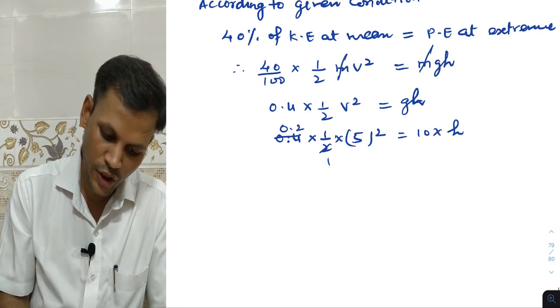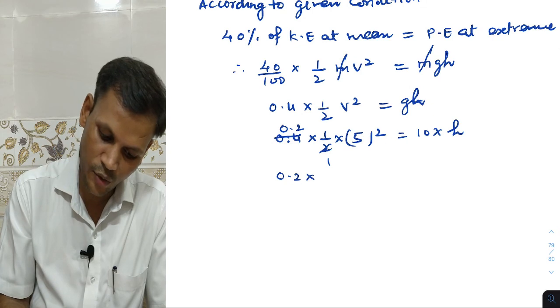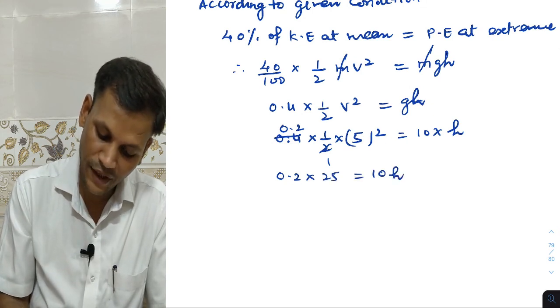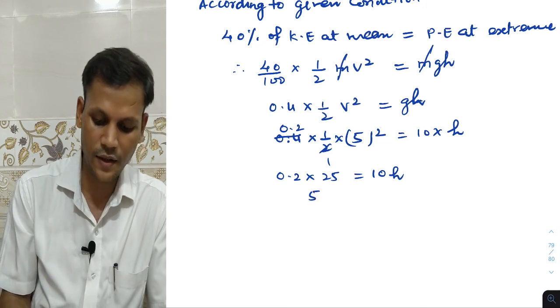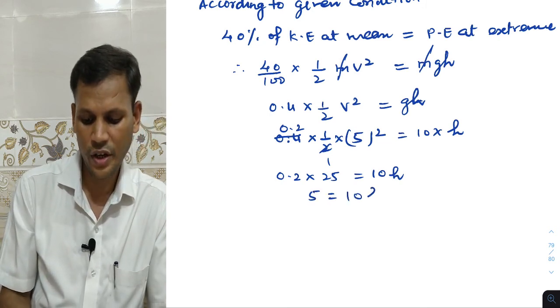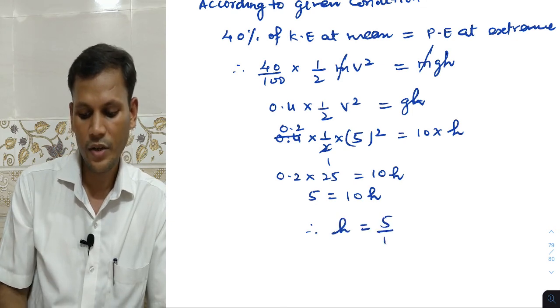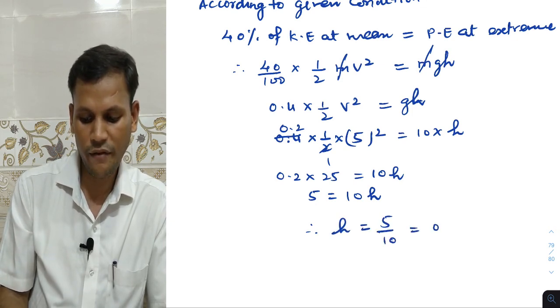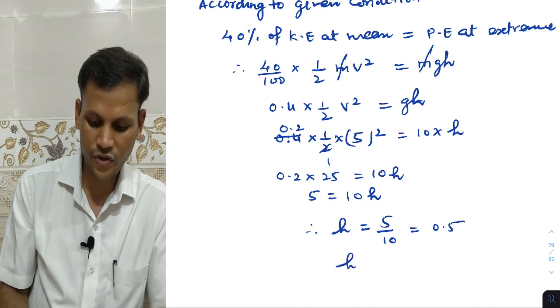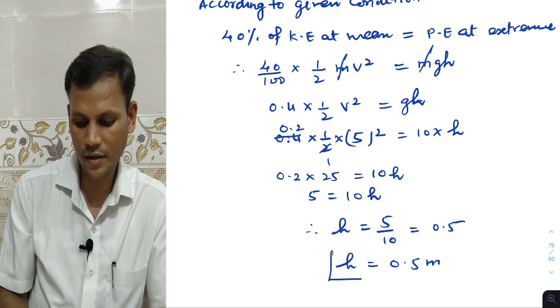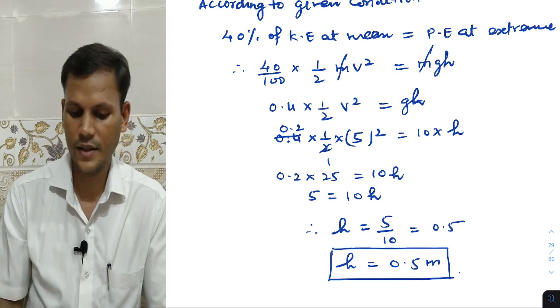So 0.2 into 5 5s are 25 is equals to 10h. 25 2s are 50, so it will be 5 is equals to 10h. Therefore h will be 5 by 10, so this will be 0.5. So h becomes 0.5 meter. This is the final answer.